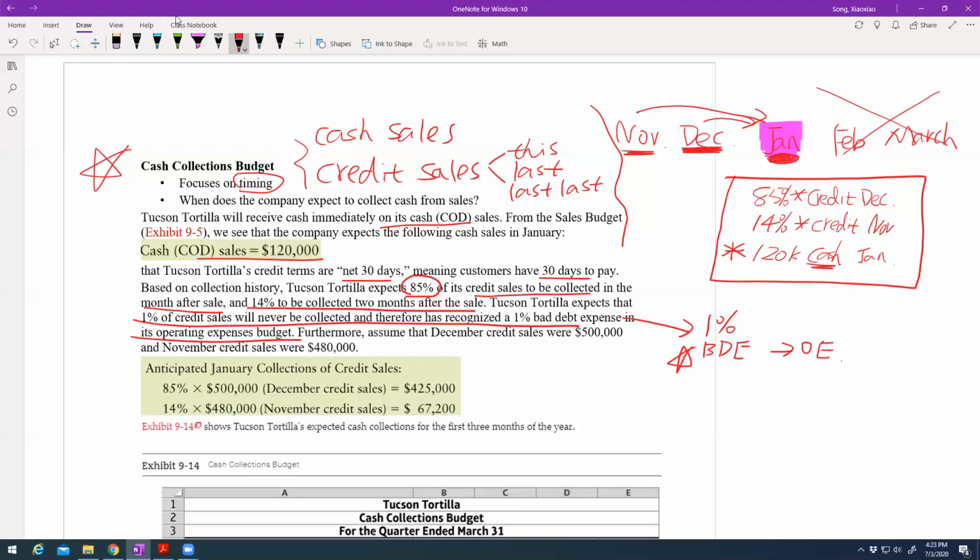120,000 of cash sales, 85% of the credit sales in December, 14% of the credit sales in November. So this is very, very important when we talk about January cash collection. So your January cash collection for credit sales is 85% of your December, and then 14% of your November.